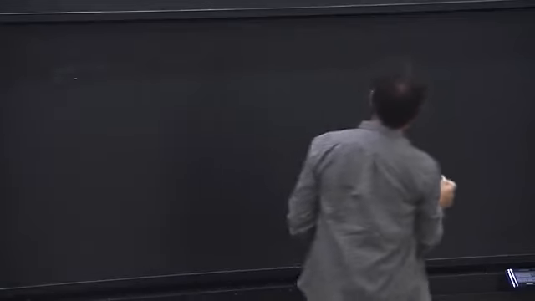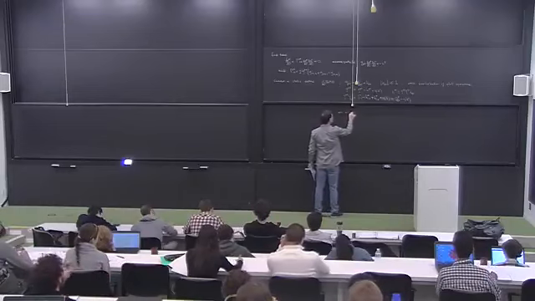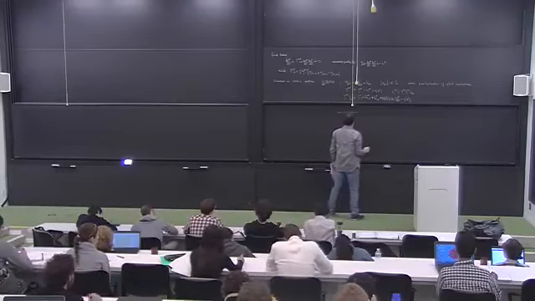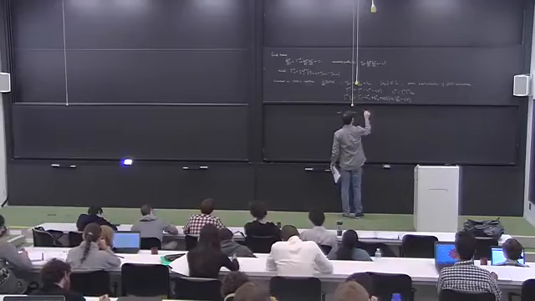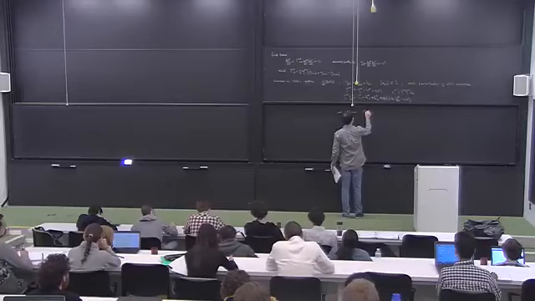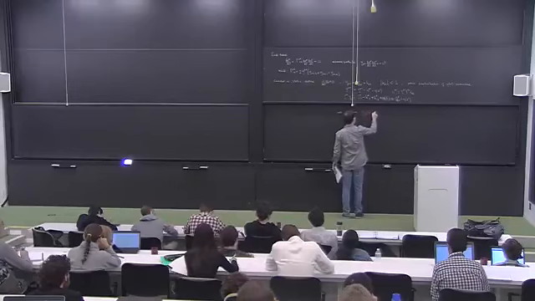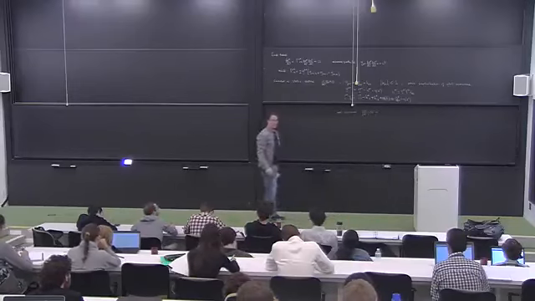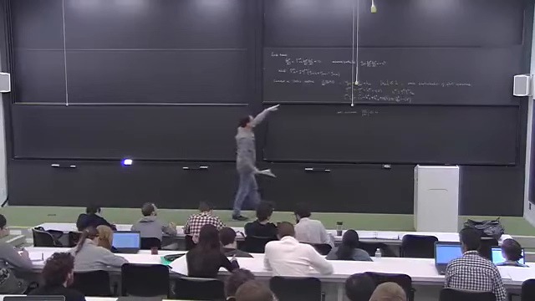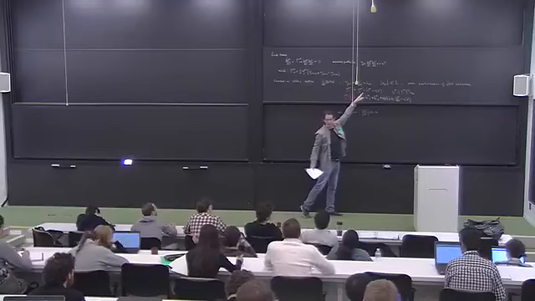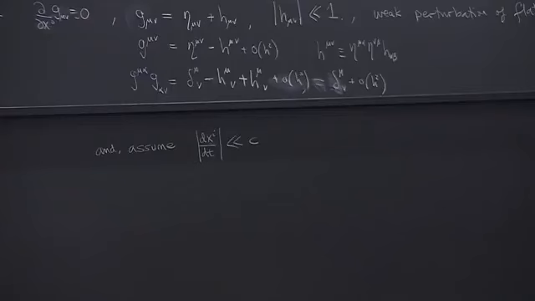We want to make one more assumption: that the magnitude of dxi by dt is much less than c. So I'm making these three assumptions: a static metric, weak perturbation of flat space, and velocity of the particle being much less than the speed of light.